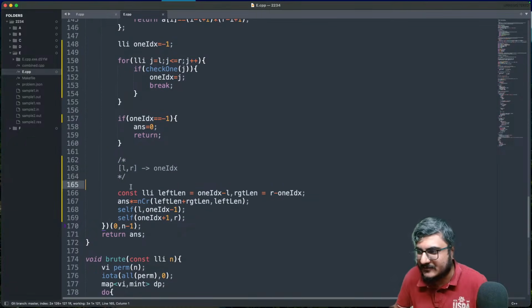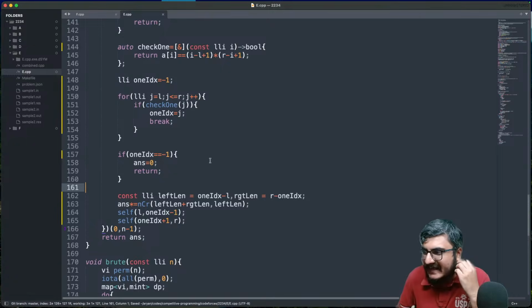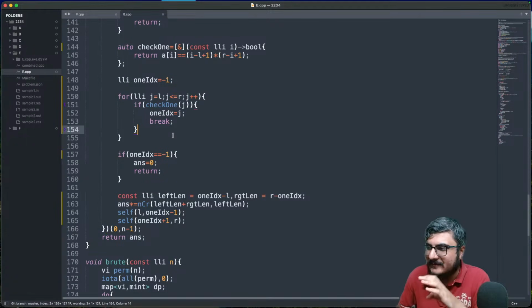And the same algorithm remains. This is also order n square actually, but this is where we are.